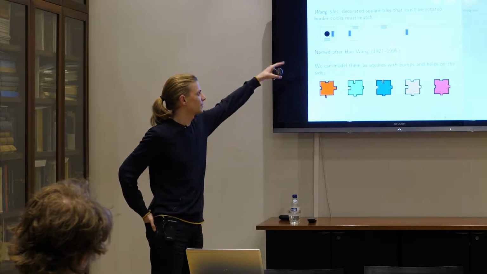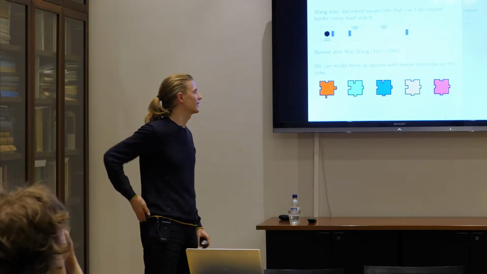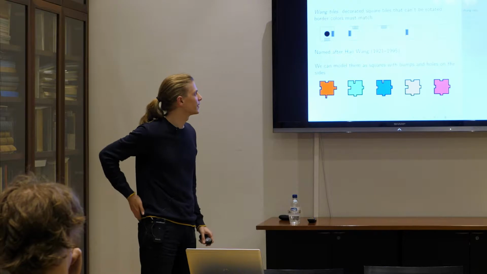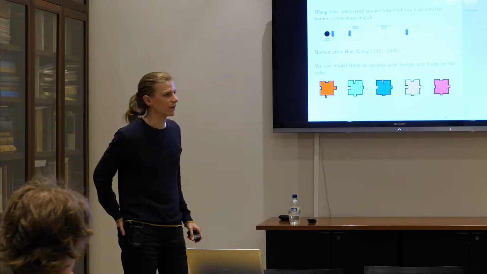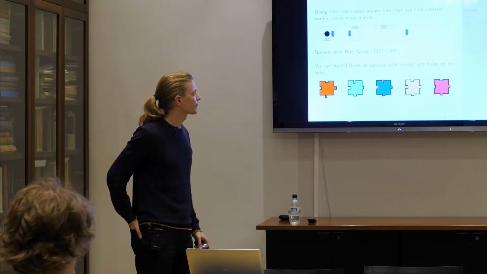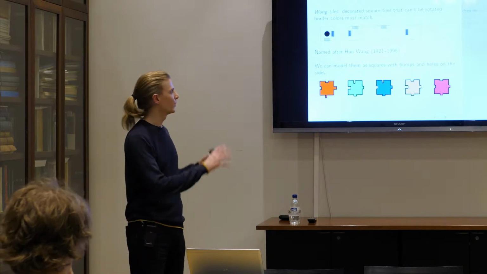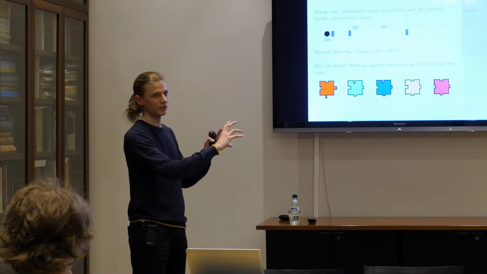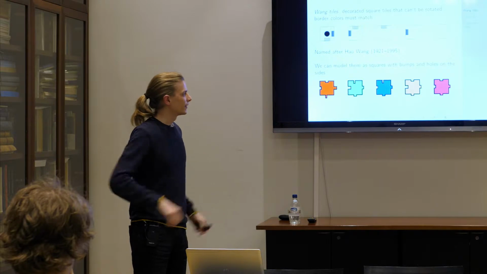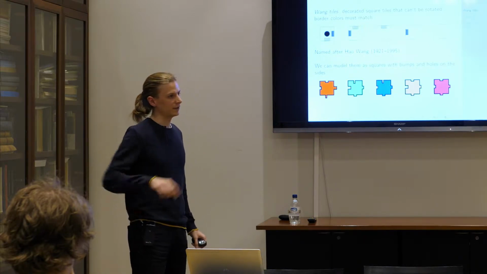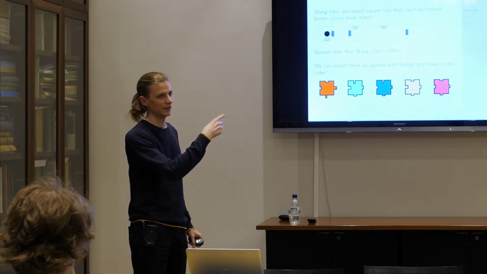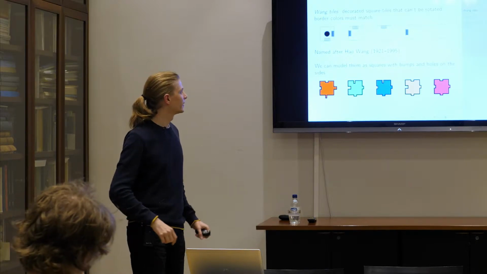So here's a tile which has a black circle, and on the borders it has a dark gray bar and a light gray bar. And when I put two of these tiles next to each other, I enforce that the markings must be the same on the border that they share.